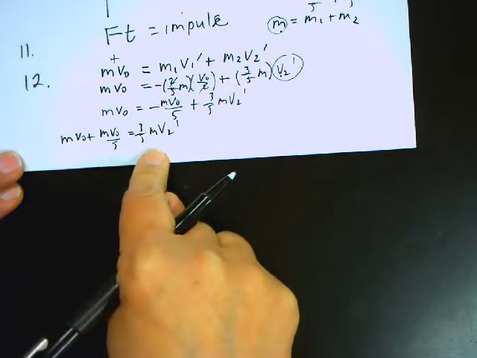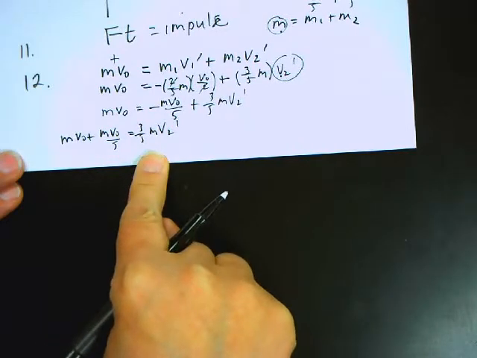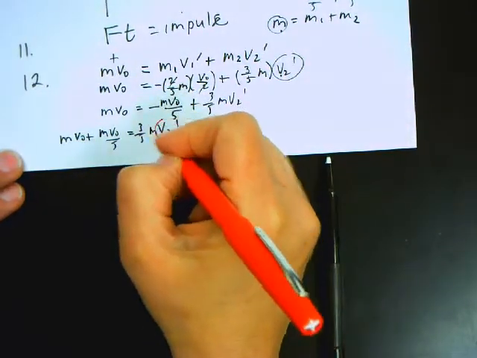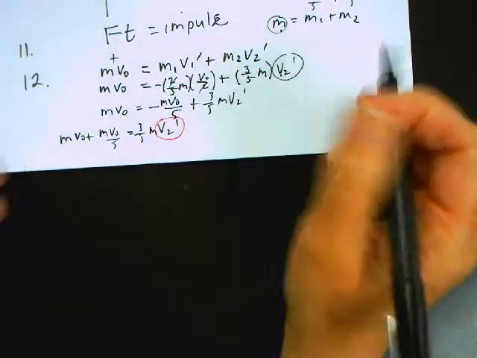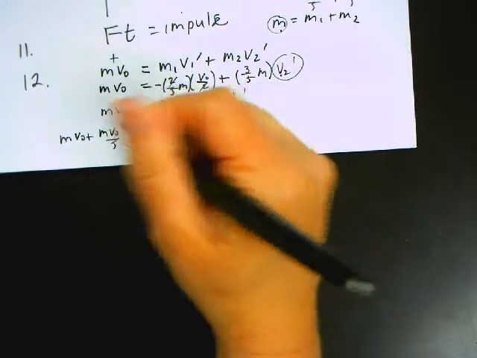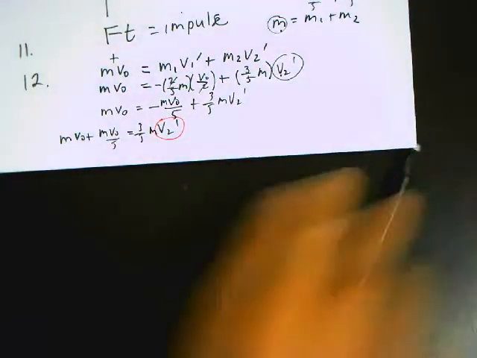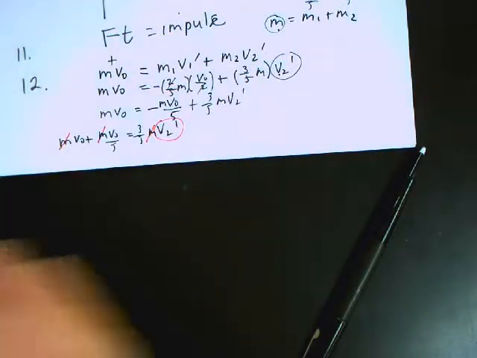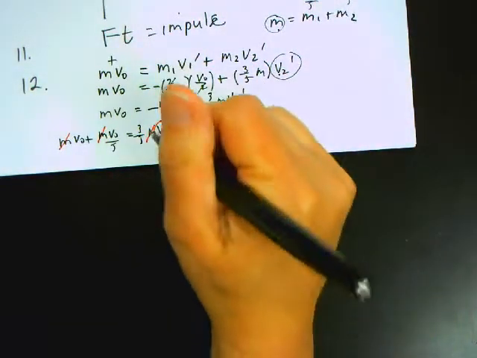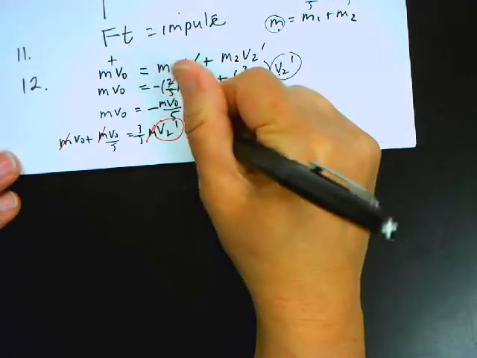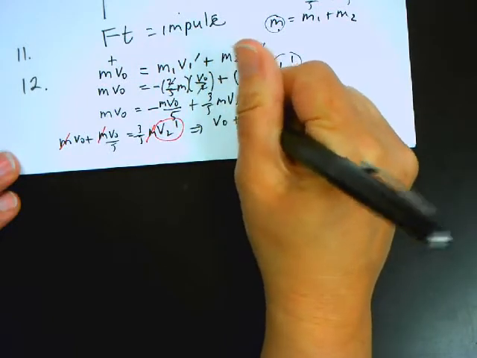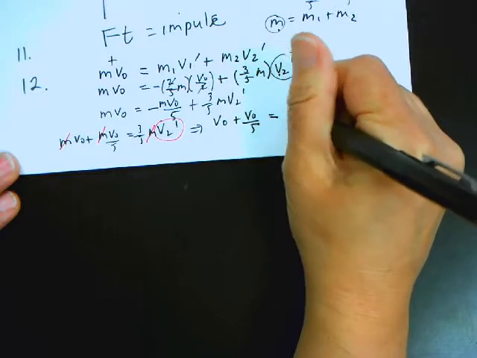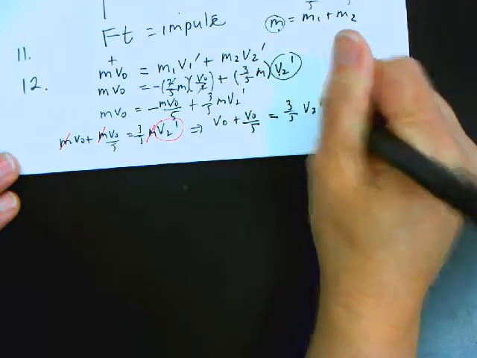From here it's just algebra, so whatever way you want to do the algebra, you just want to solve for the v2 prime, and that you can do by yourself. So anyway, when you cancel the m's, because you're going to end up canceling the m's, you could cancel the m's now actually, and so you would get v naught plus V naught over 5 is equal to 3/5 V2 prime.